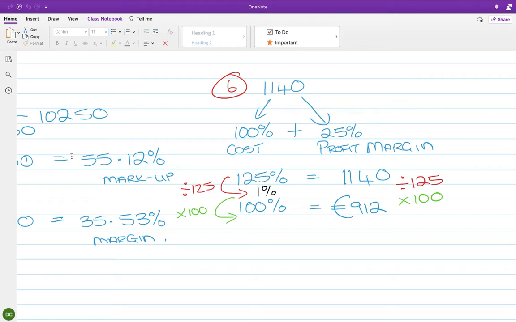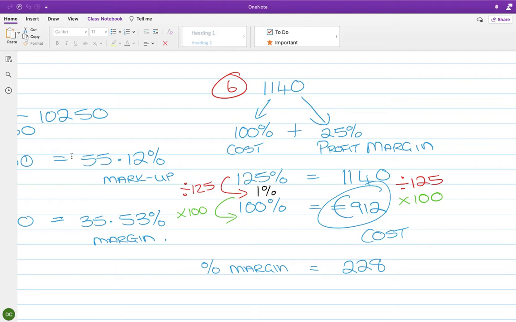So the margin is the profit based on, if you work this out, right? So what I'm after figuring out now is that this is the cost. So if I do percentage margin, which is the profit, 1140 minus 912, so that's €228 that the shop made on it.